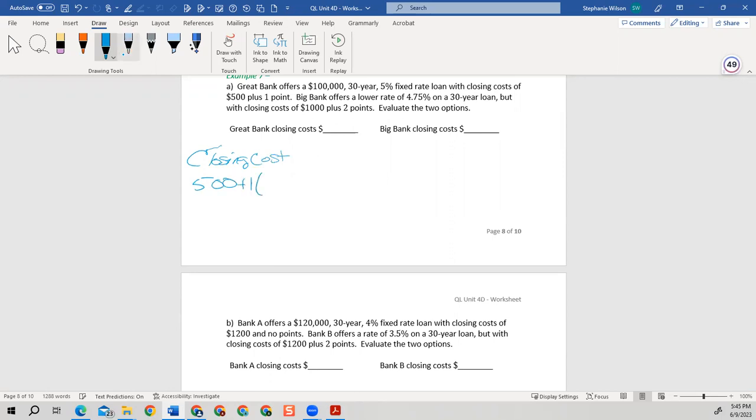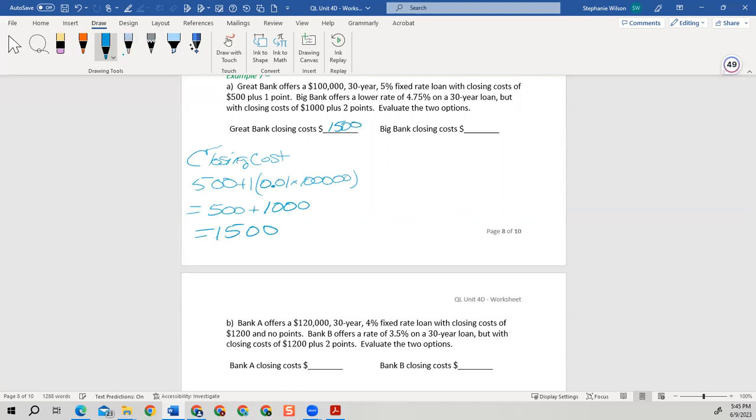And remember, whenever we talk about points, it's 1% of what you borrow. So I have 500 plus 1 point, or 1%, times 100,000. So I have 1 times 1,000, which means it's 1,500. So the closing cost for the Great Bank is 1,500.